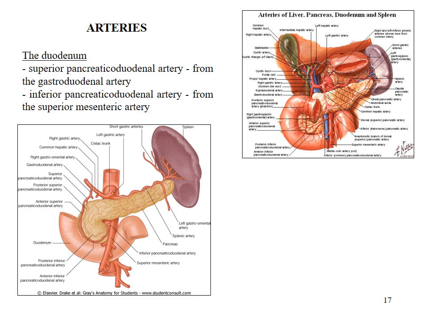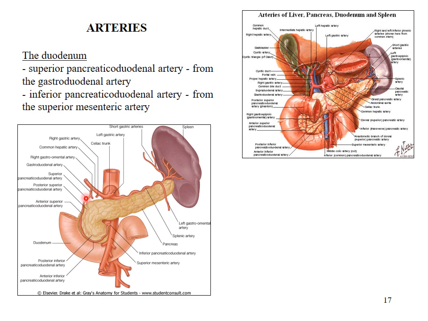Blood supply of the small intestine. There are different arteries for the different parts of the small intestine. The duodenum receives blood supply from the superior and inferior pancreaticoduodenal arteries. The superior pancreaticoduodenal artery is a branch of the gastroduodenal artery.